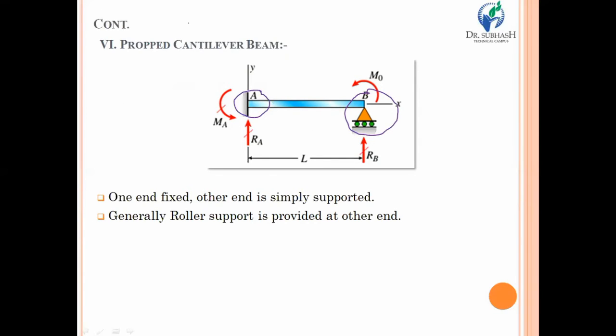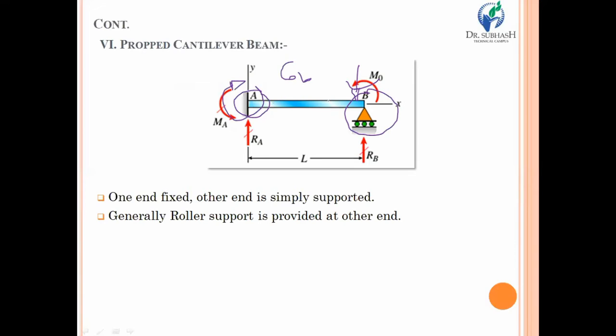This type of propped cantilever beam is always subjected to bending moment, or we can say bending stress, and of course shear stress, because whenever you apply force over here, it causes a bending moment over here. So that's why it creates bending stress.